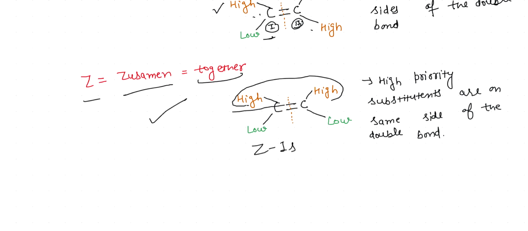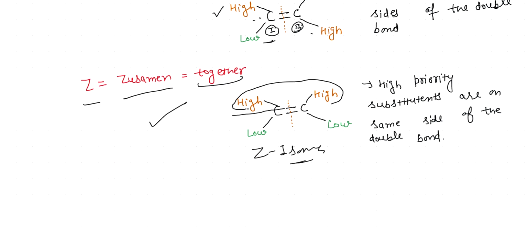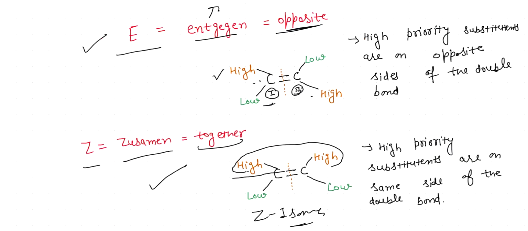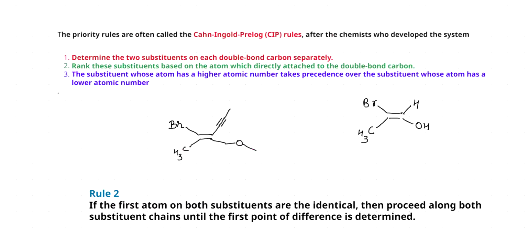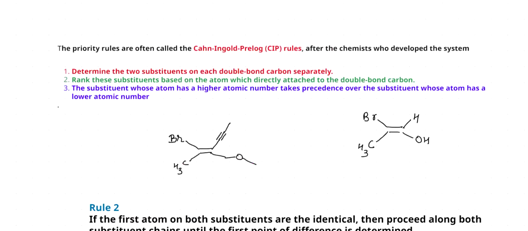So basically, this is the difference between E and Z configuration. Moving to examples, what are the rules for E and Z configuration to assign their nomenclature? First, you have to determine the 2 substituents on each double bond carbon separately. You have to remember one thing, it should be separately.